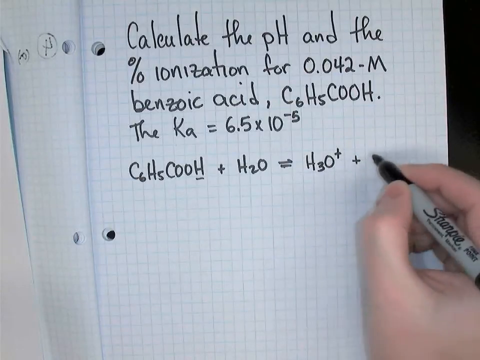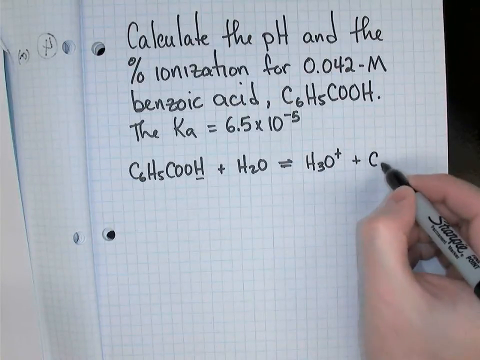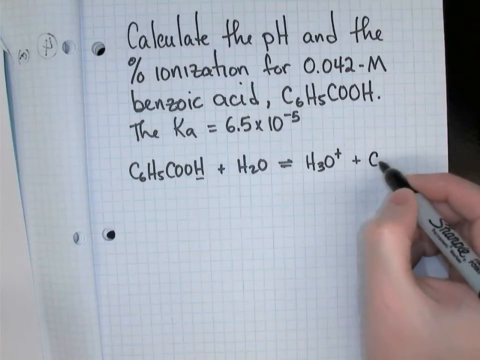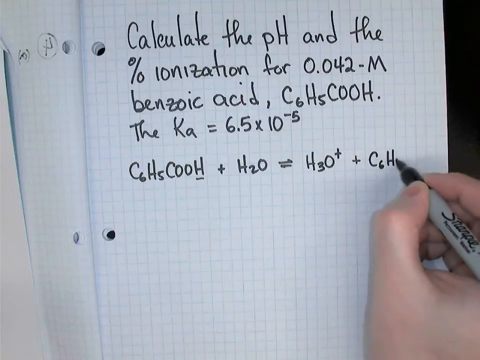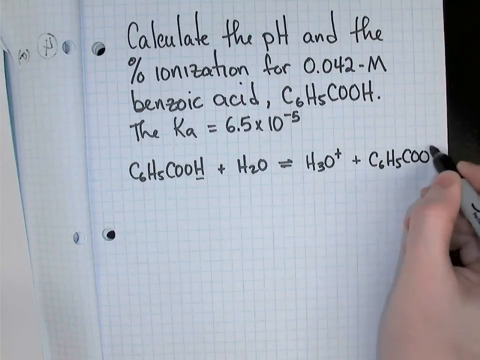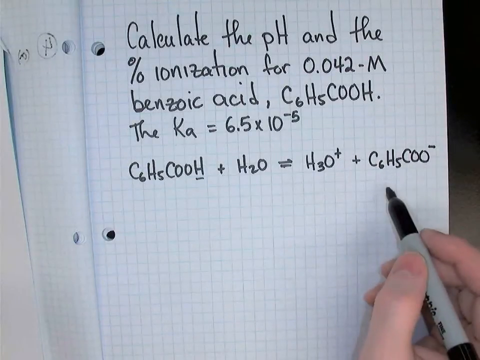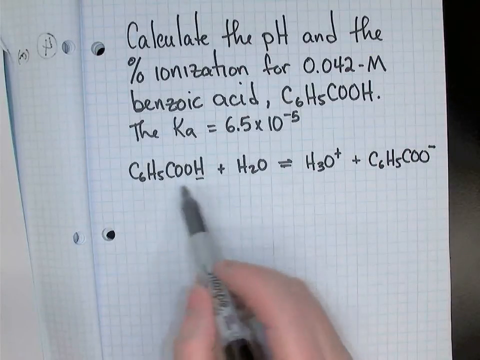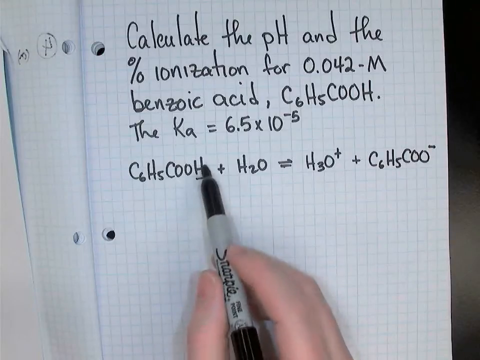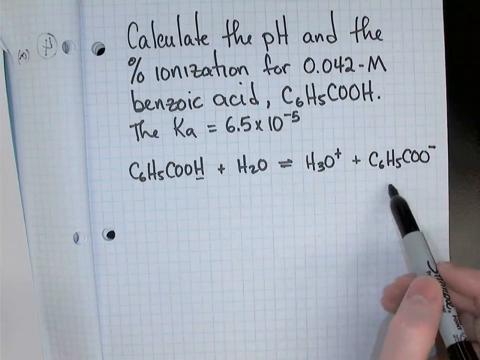The benzoic acid gave away the hydrogen, so its conjugate base, the thing that's left after it donates hydrogen, will be C6H5COO minus. Minus for a couple of reasons. One, because it lost a positive, so it used to be neutral at the beginning, it lost a positive, so now it'll be negative.